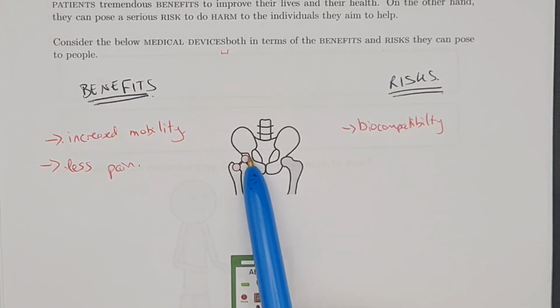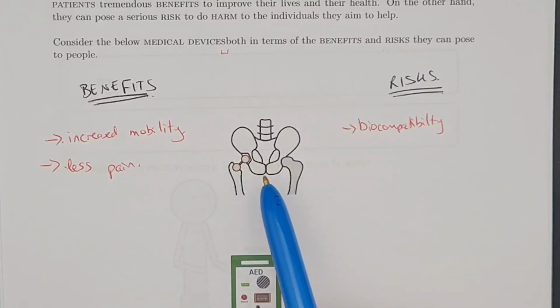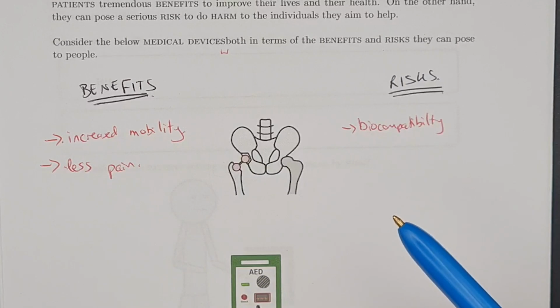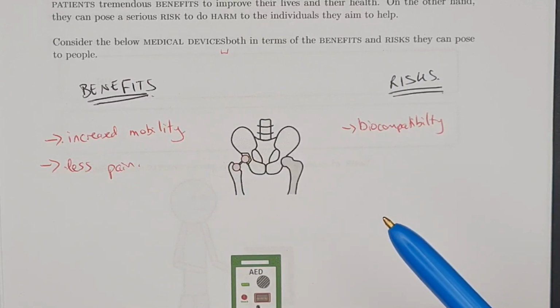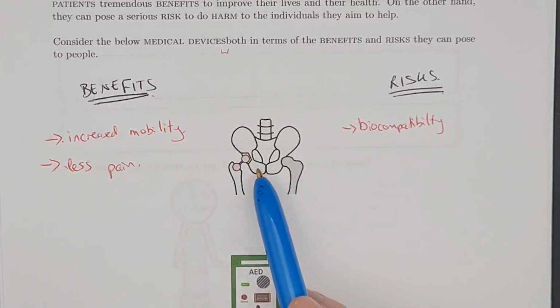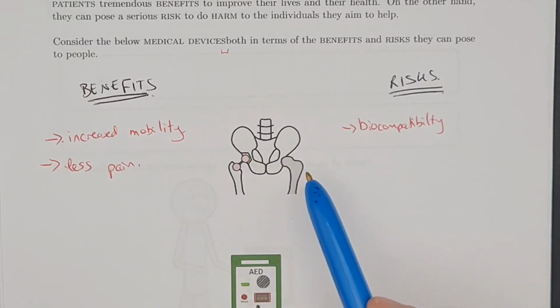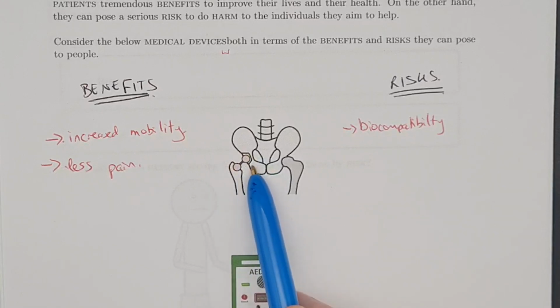Our skin is a protective barrier. So too is the lining of our stomach. So too is the blood-brain barrier in your brain. When a device like a hip implant is used, it's immediately just surpassing these barriers. So your skin can no longer protect you from objects that could pose a biocompatibility risk or even a contamination risk. And so we really have to address this in the design and ensure that the hip implants are built with materials that are biocompatible and of course that they're clean and sterilized and whatnot.